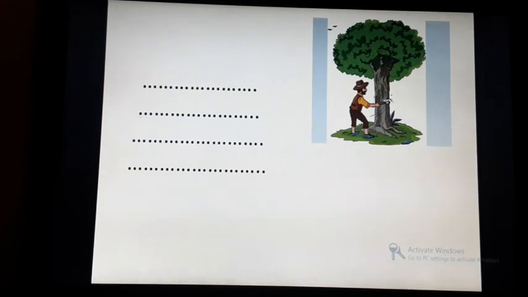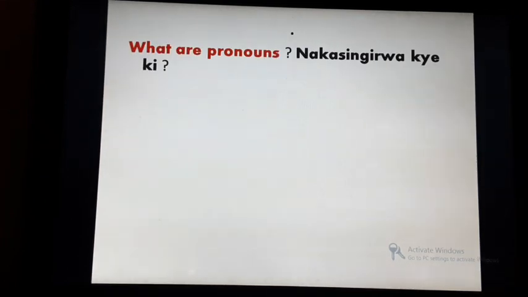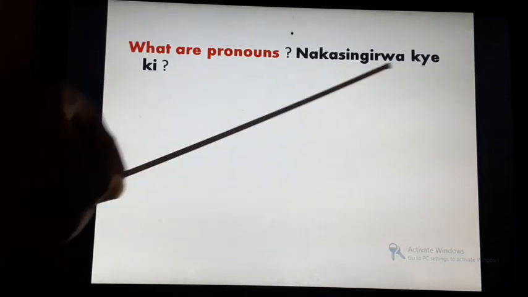Okay, let's proceed. What are pronouns? We looked at pronouns. Pronouns comes from two words, pro and nouns. Pronouns in Luganda are called nakasigirwa.